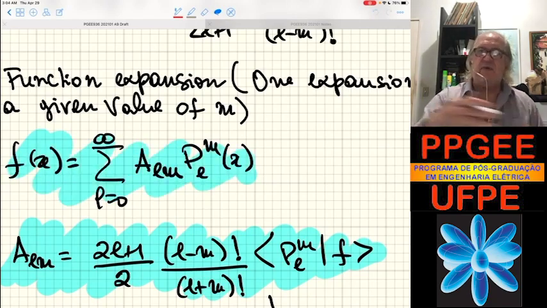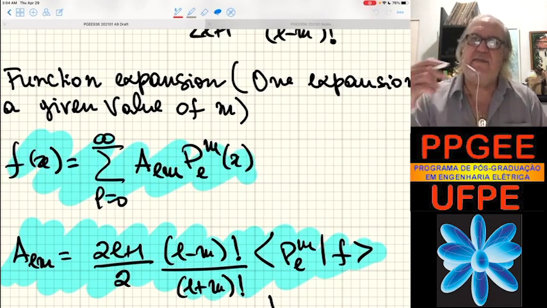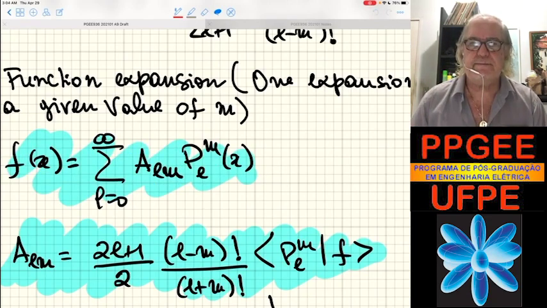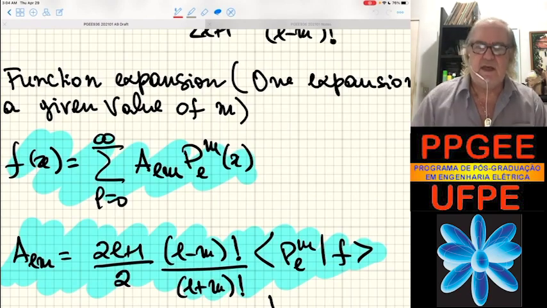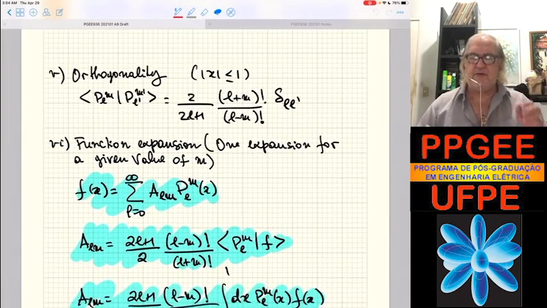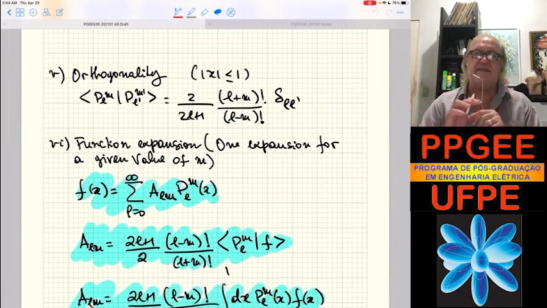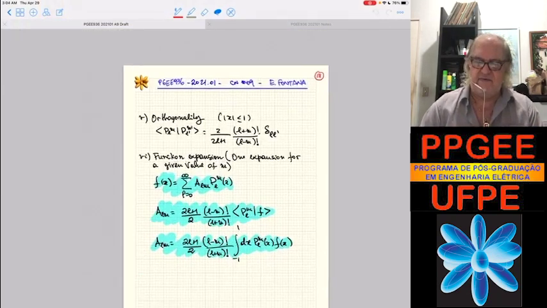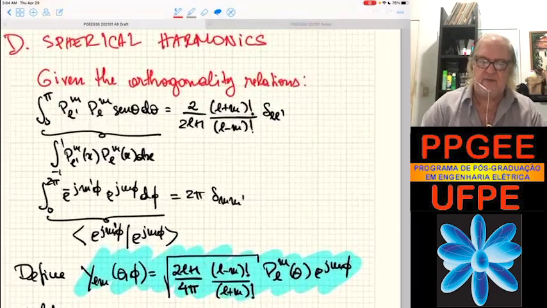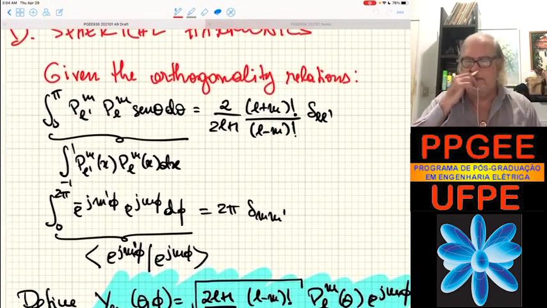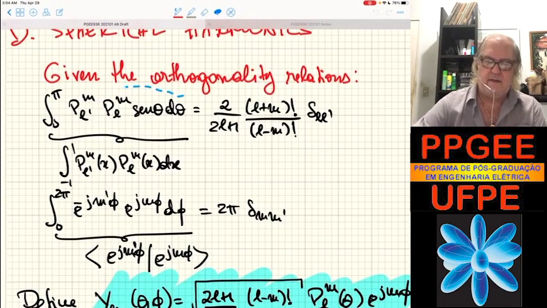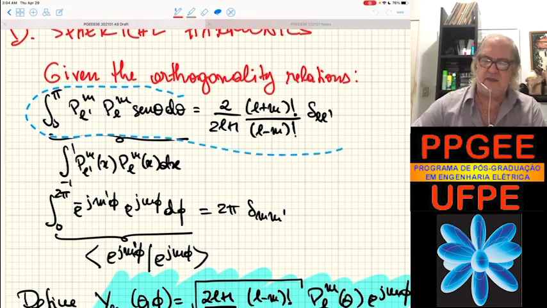I have several ways of expanding a function by changing the index m. Okay. So if we put together the associated Legendre polynomials and the azimuthal variation of the function, which is cosine and sine, okay, if we use those joint properties, that's one orthogonality condition.